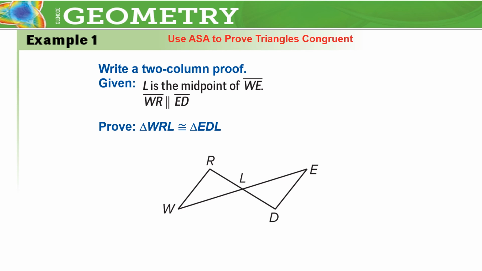First, you have LW equals LE, and you have angle E equals angle W. Why? Two alternate angles, because you have two parallel lines. And here you have X. Remember, you will have two vertically opposite angles equal, which is angle ELD equals angle RLW.